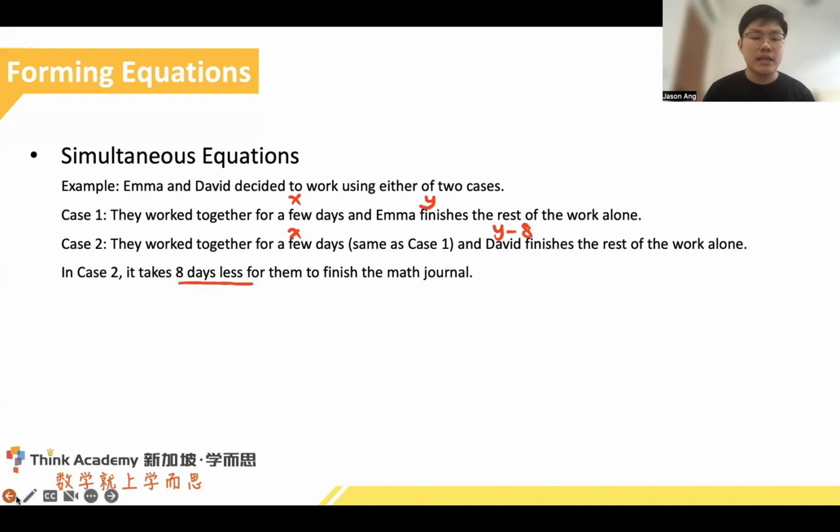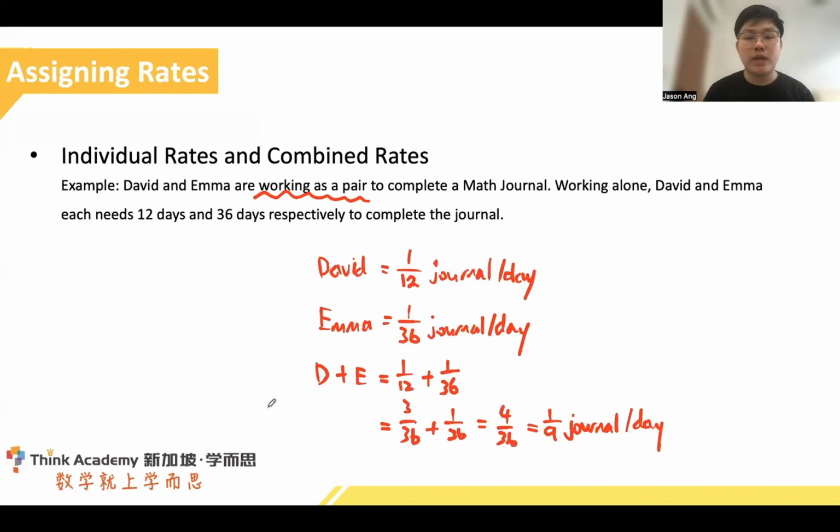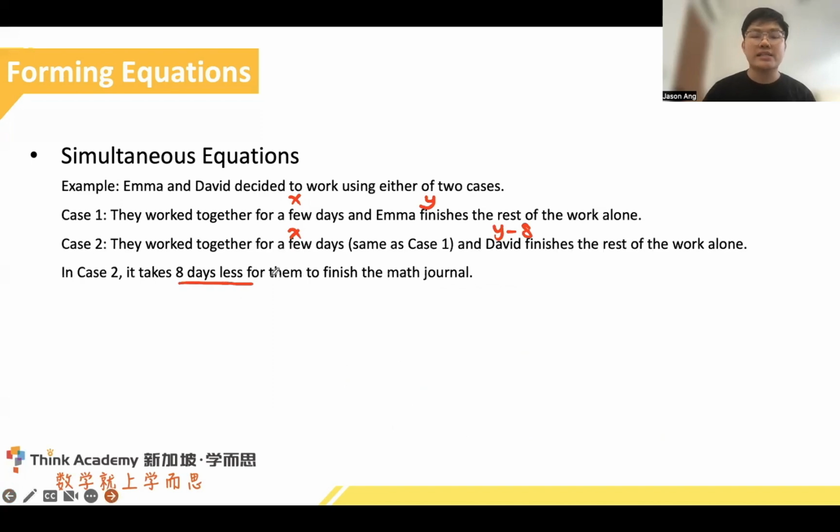So let's see again, from the previous question, what do we have? David takes 1 over 12, Emma takes 1 over 36, and combined together, they take 1 over 9. So they actually take X over 9 in case 1. In case 1, they do X over 9 of the work, because they were working together for X days.